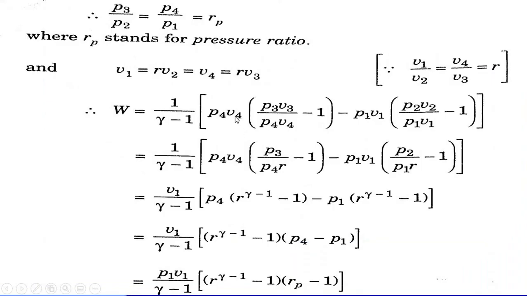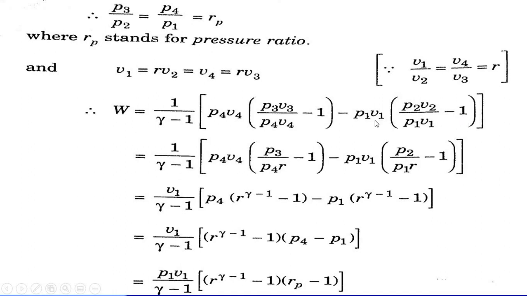If you take that out, at the same time you have to divide, that is, multiply and divide the term by P4 V4. So P3 V3 by P4 V4 minus P4 V4 by P4 V4, that becomes 1. The same case here: P2 V2 by P1 V1 minus P1 V1 divided by P1 V1.